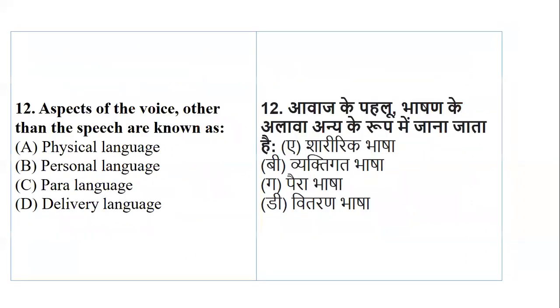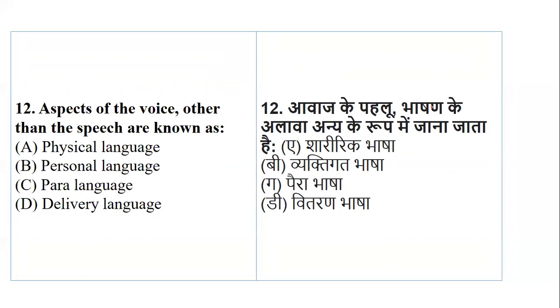Then, aspects of voice other than speech is called as what? So what gets considered into voice? Is it physical language, personal language, or para language, or delivery language? So which indicates the aspects of voice? Yes, it is very good. We have done this question many times in a different way.